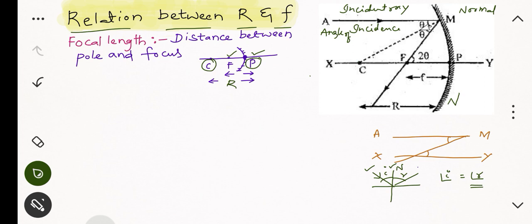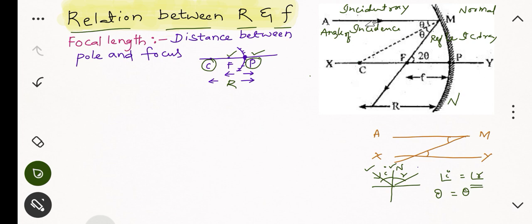The angle made by the incident ray with the normal is the angle of incidence, and the angle made by the reflected ray, here FM is the reflected ray, with the normal is the angle of reflection. So here the angle must be theta.